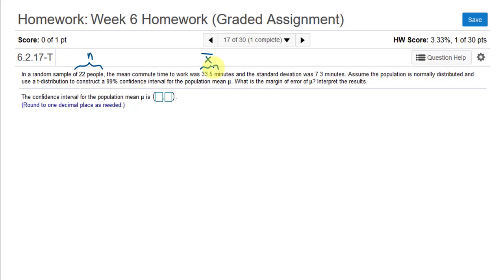The standard deviation was 7.3, so this is the sample standard deviation. We need the degrees of freedom in order to find the t-value. The degrees of freedom is equal to n minus 1, or in this case 22 minus 1, which is equal to 21. Okay, so we have everything.